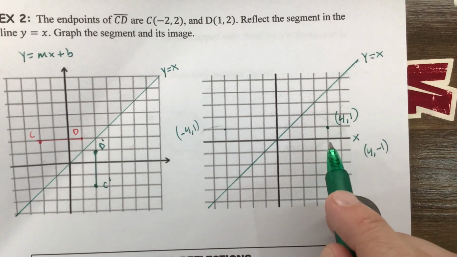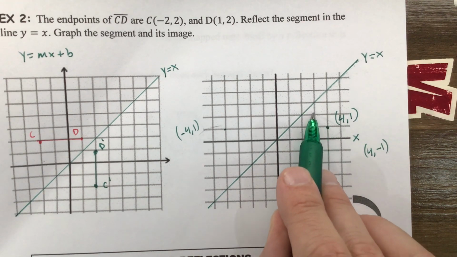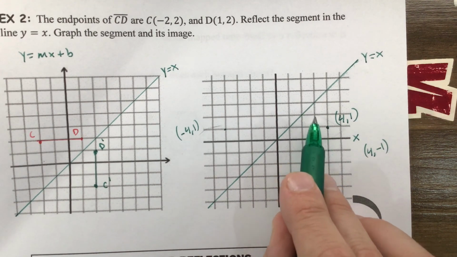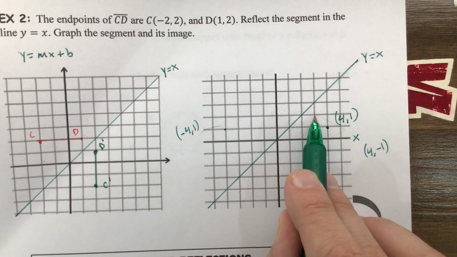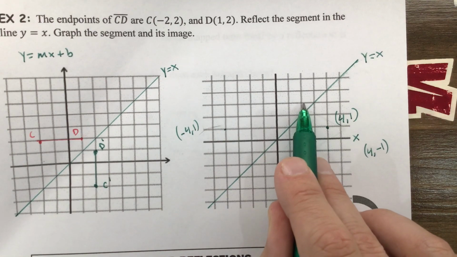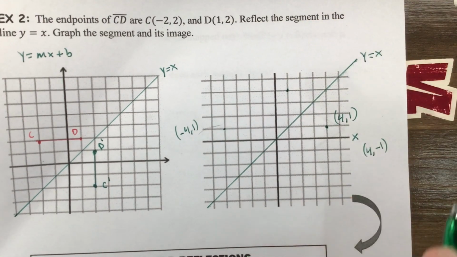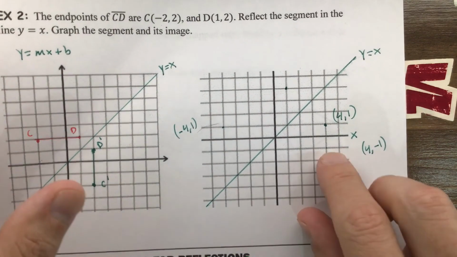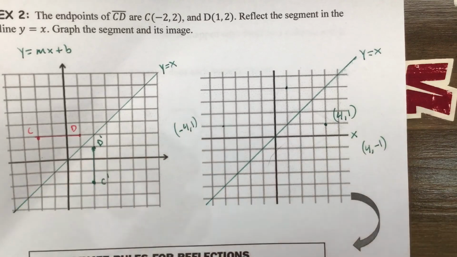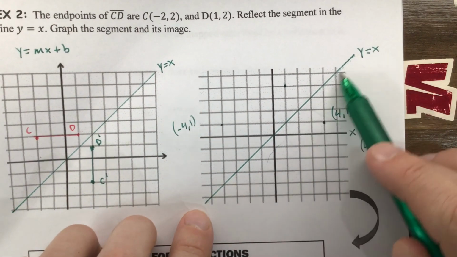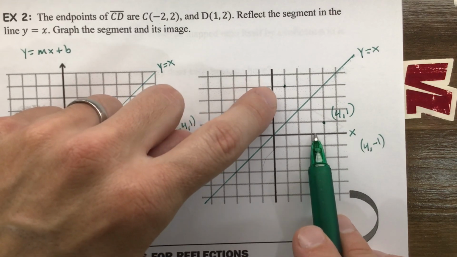Okay, when it reflects over, what I had done is talked about perpendiculars as you go that way, right? So I would need to go like a full box and then half a box. So I do half a box and then a full box. That would get me to the new location. But you can always be thinking about folding as well, folding things over. And you might even notice that if you were to fold along that line, these two parts of the axes are going to match up.